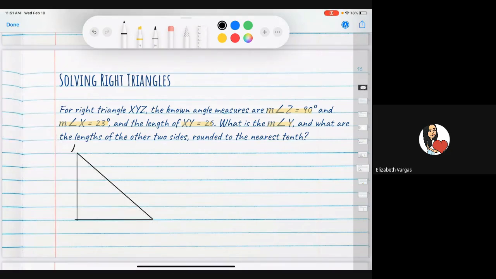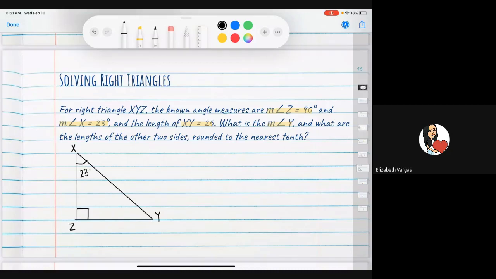So I'm going to do X, Z, and Y. I know my angle Z is equal to 90, so that's why I put it right here, because that's my 90-degree angle. And I know my angle X is equal to 23 because it tells me so right there. And so I want to find the missing angle, angle Y.